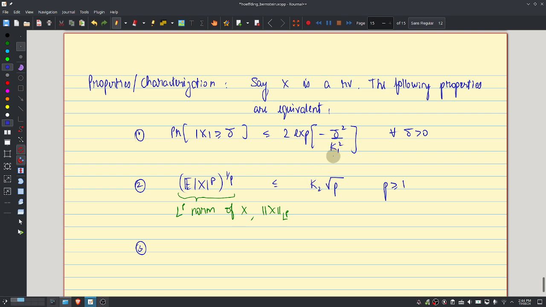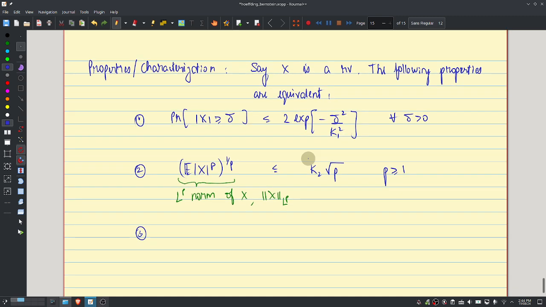Immediately, it is not obvious how K1 and K2 are related to each other, but I'll tell you what it is at the very end. Okay. For now, K1, K2, and the other constants that I'll introduce, all of these only depend on the distribution and nothing else.